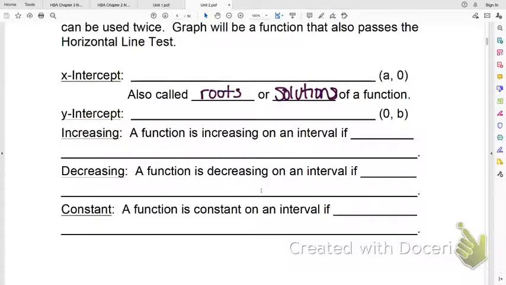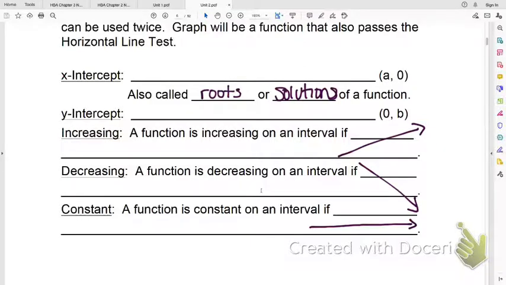I'm not writing out the technical definition for these. Increasing is when your function is going up from left to right. Decreasing is when it's going down from left to right, and constant is when it is flat. If I could draw that a little bit better, that'd be good. But it is always left to right, so be careful of that.